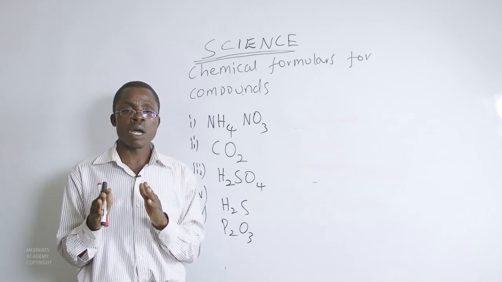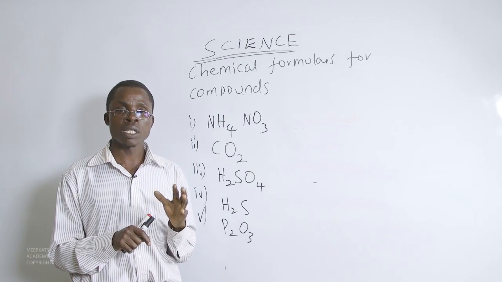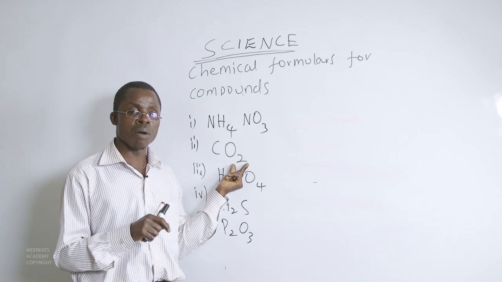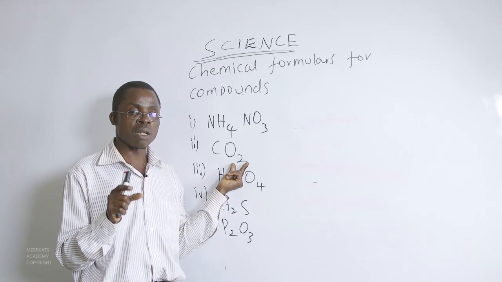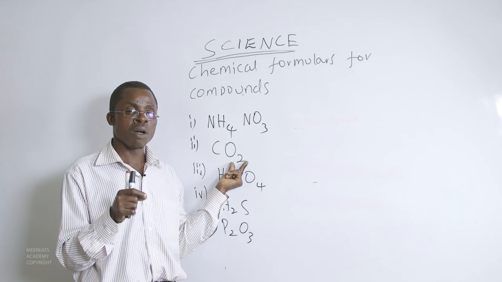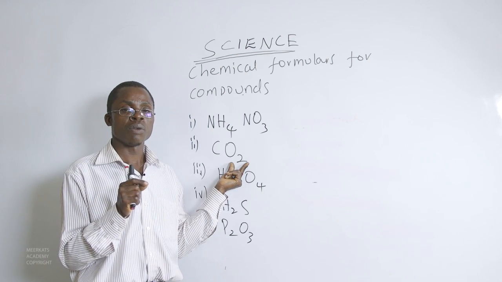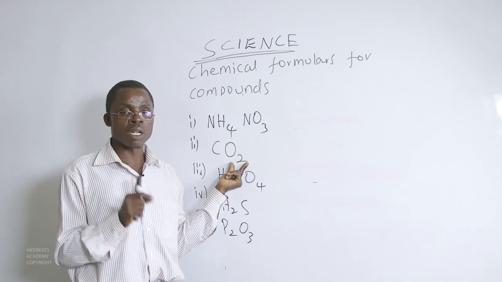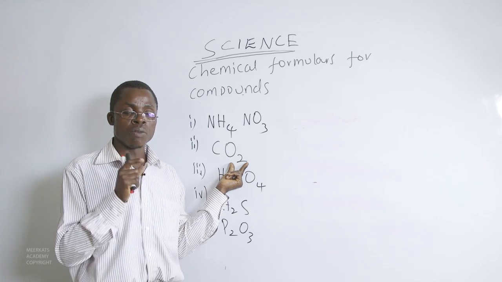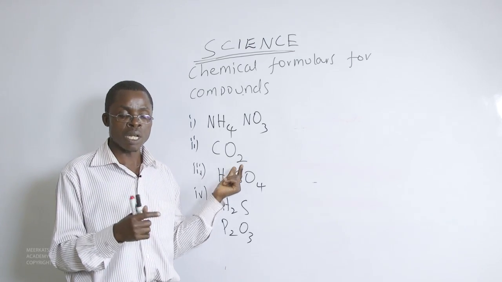So that is the only part that is different from the first case we saw. In the first case, we were not indicating the number of the second element. But in this one, you have to indicate the number of the second element, and that is if the second part is an element and not a radical.